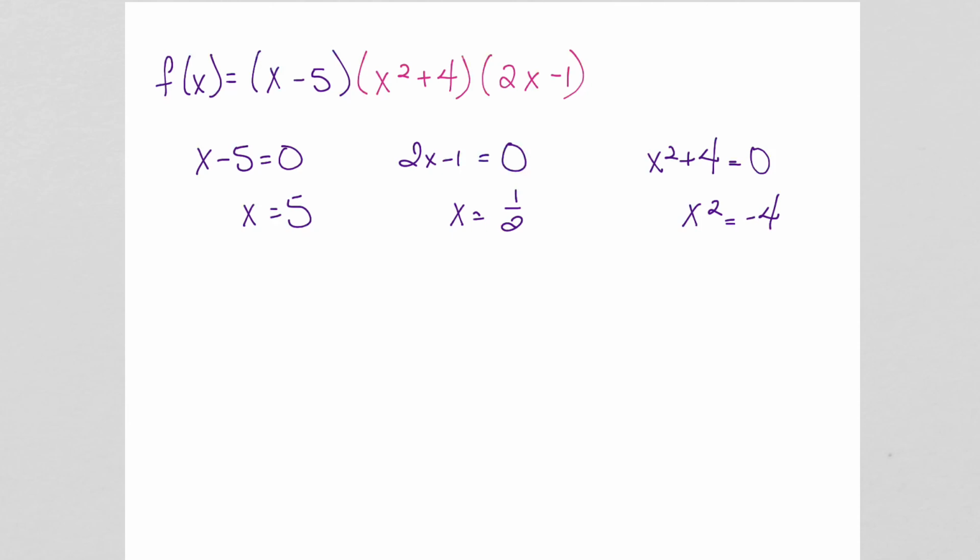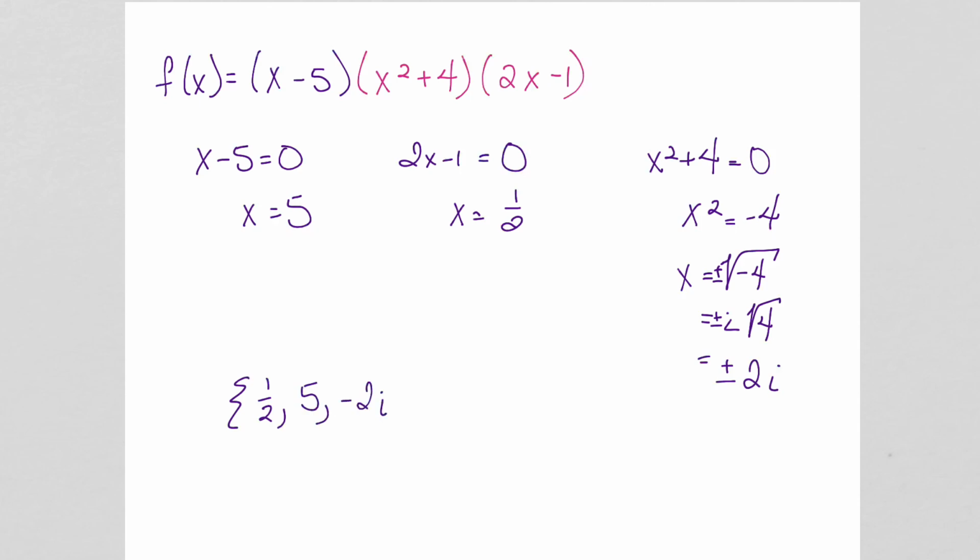So to take the square root of a negative, remember, we have to use i. So we have i times the square root of 4. And the square root of 4 is plus or minus 2. So it's plus or minus 2i. So your solutions, your zeros, are 1/2, 5, negative 2i, and positive 2i.